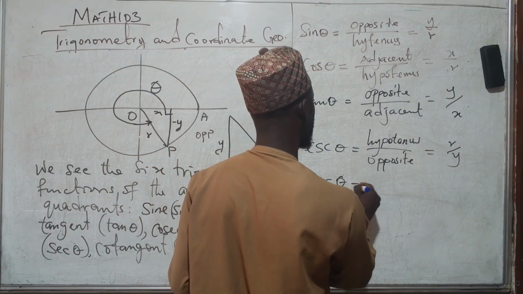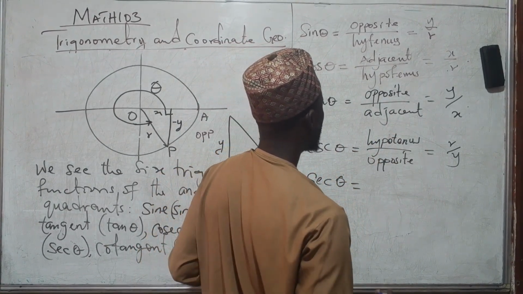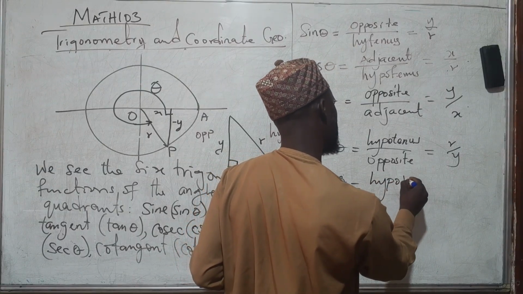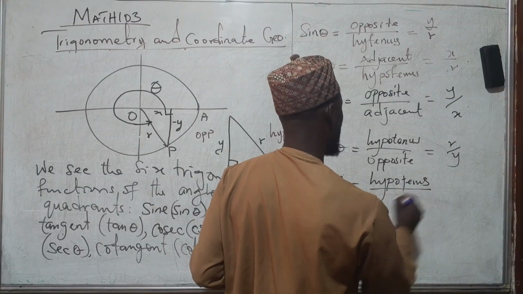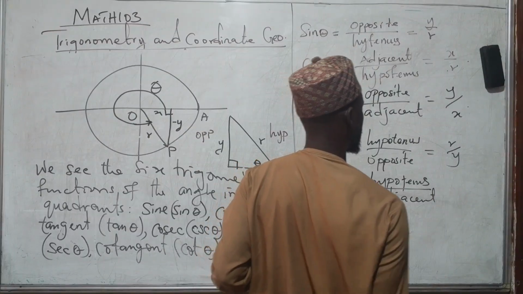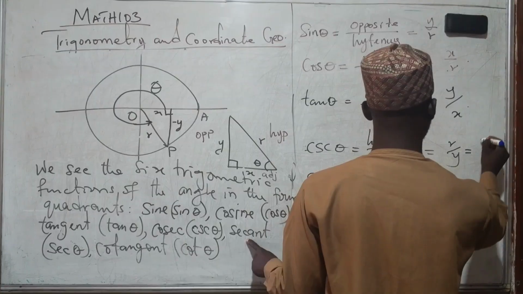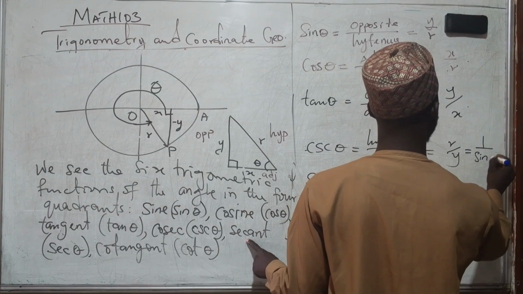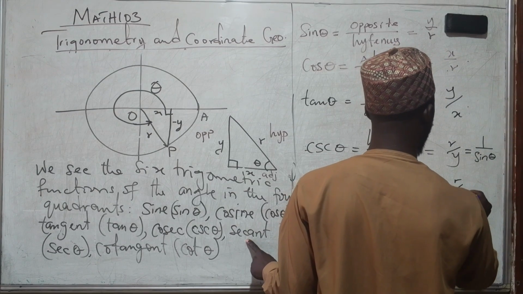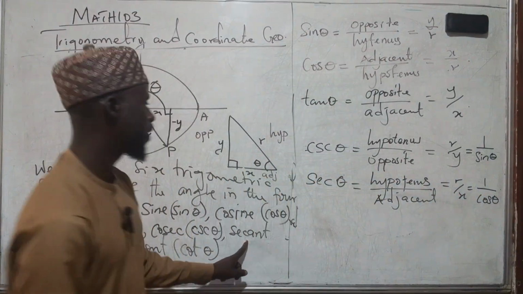Sec theta is equal to the reciprocal of cos theta, and that is equal to hypotenuse over adjacent, which is r over x, and that is equal to 1 over cos theta. It is the reciprocal of cos theta.